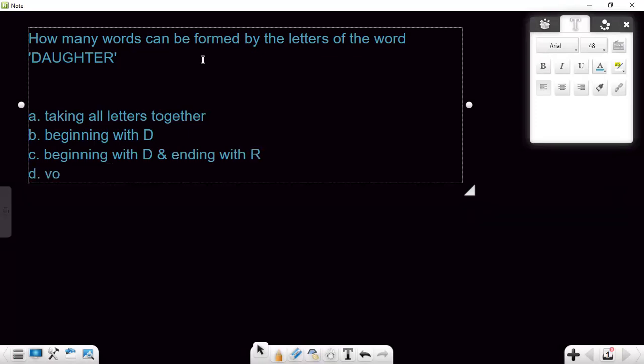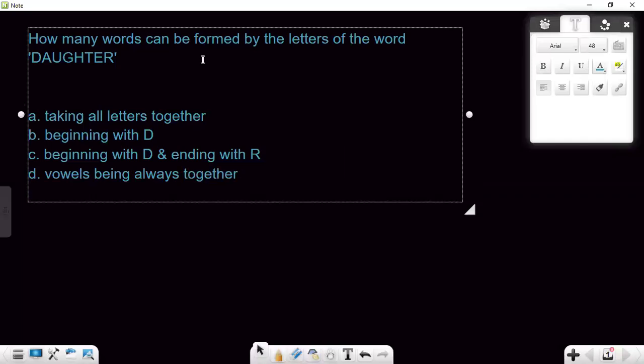And we also have to talk about how many words can be formed using the letters of the word daughter when vowels are always together, and when all vowels do not occur together.